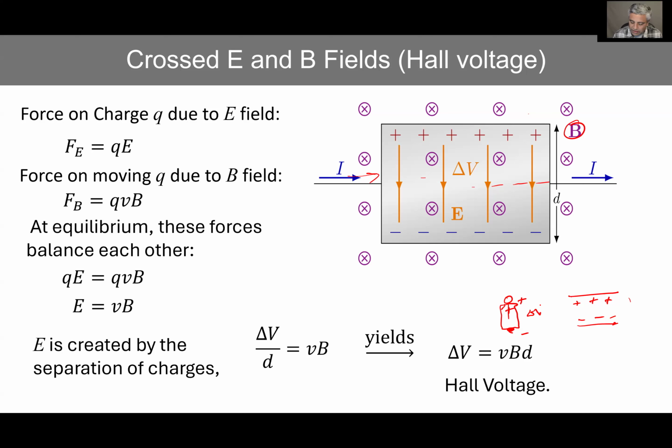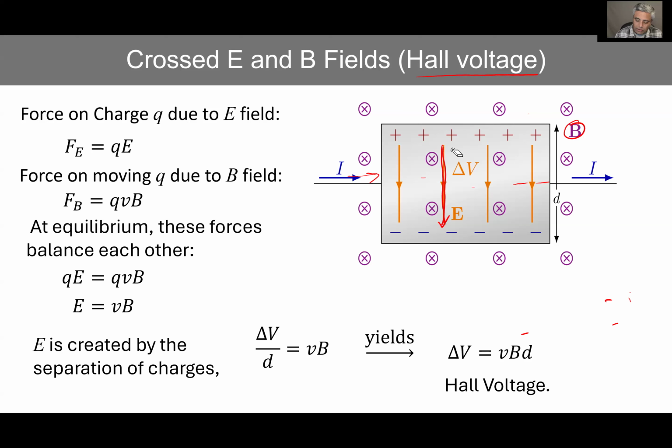That means there is a potential difference, whenever there are positive and negative charges separated. So that's what's happening here. This developed potential difference is called the Hall voltage.